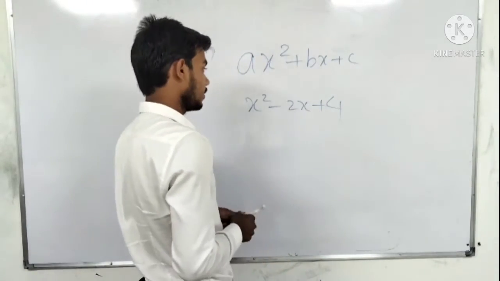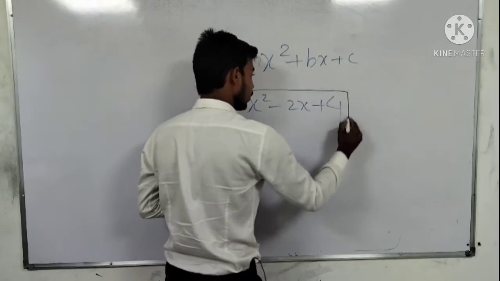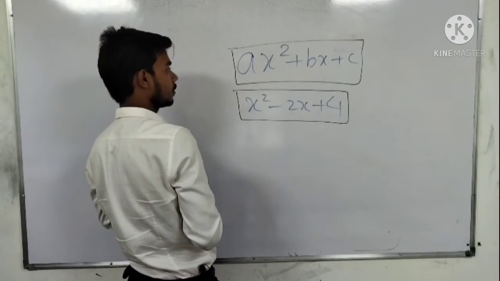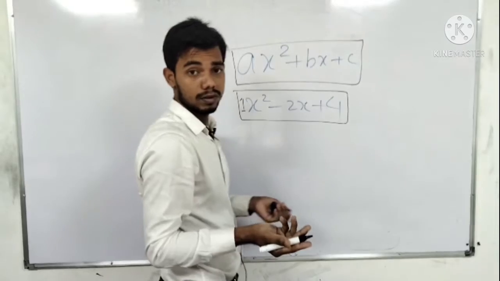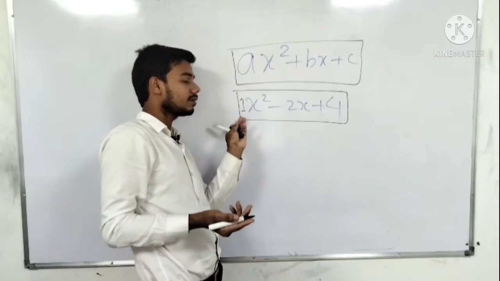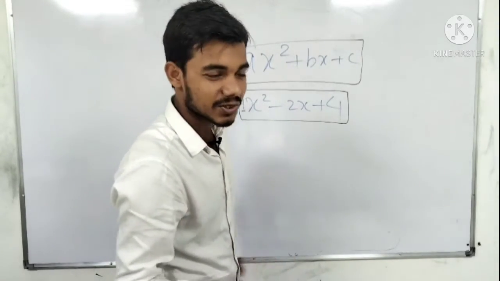Let us see how we can calculate this. Now compare this form to that form. For x square we can easily put 1, there will be no change if you multiply the whole x square by 1, because if you multiply someone by 1 it does not change the value.